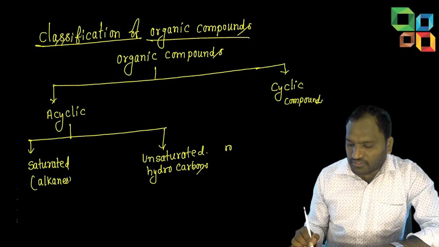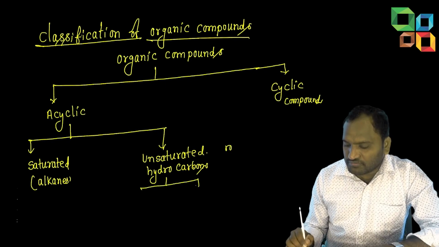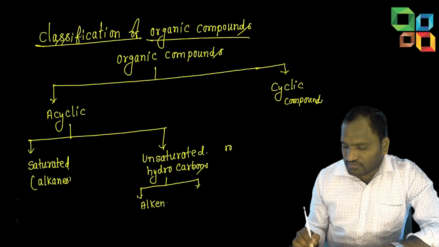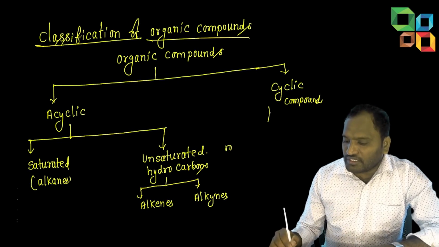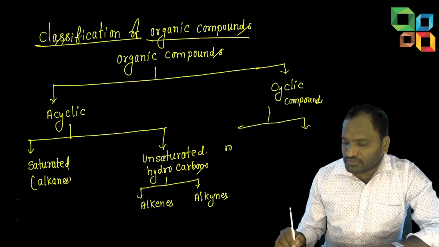Here, saturated are alkanes; unsaturated are alkenes and alkynes. Next, cyclic compounds are again classified into two types.